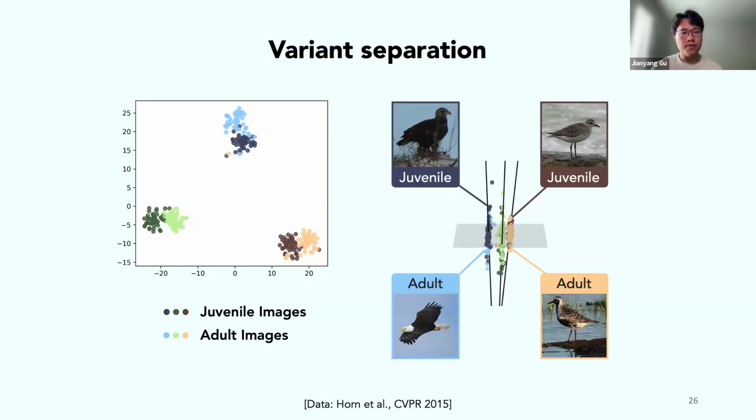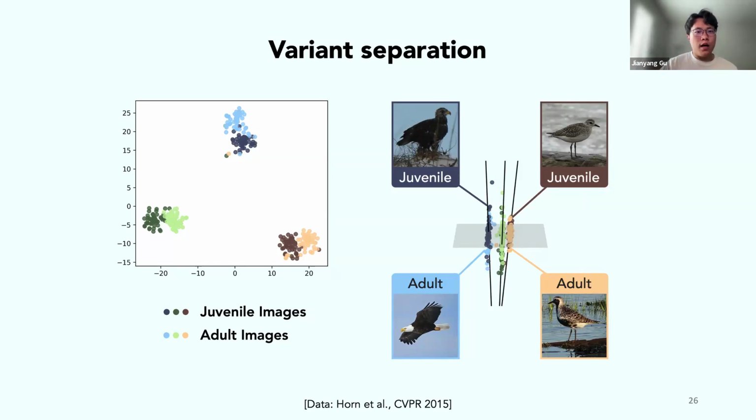Here we show that the juvenile and adults, these different variants, are distributed very thinly along an axis. And this axis is not in conflict with species differences. You can see this gray platform represents the prototypes of different species. And orthogonal to that platform are distributed the variants, for example, juvenile and adult.